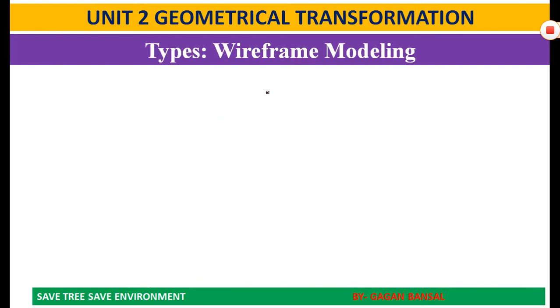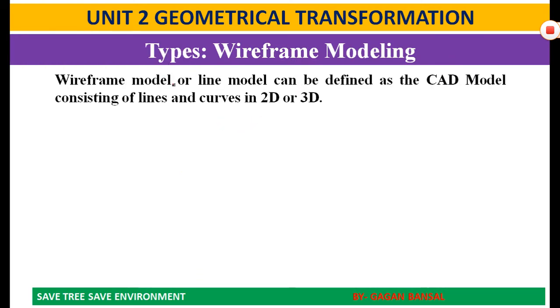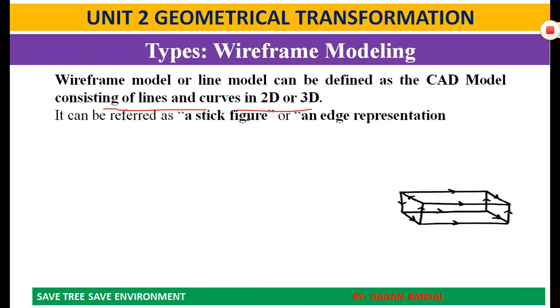So how do we define it? The first type, that is wireframe model. Wireframe model or line model can be defined as the CAD model consisting of lines and curves in 2 dimensions or 3 dimensions. It can be referred to as a stick figure, very important.